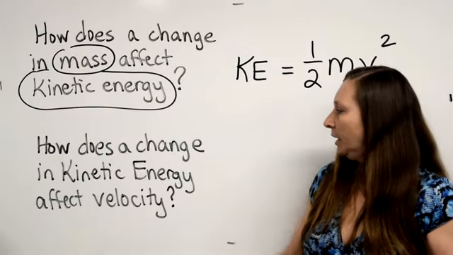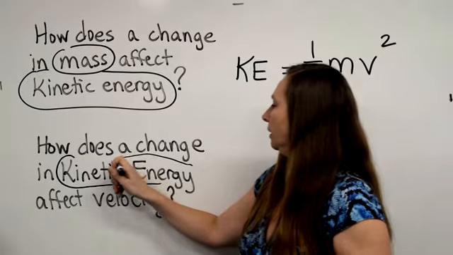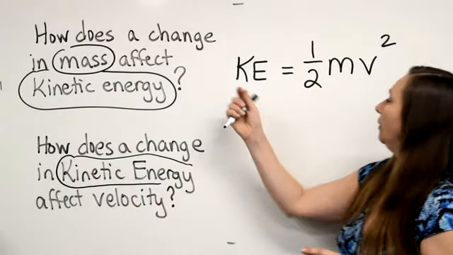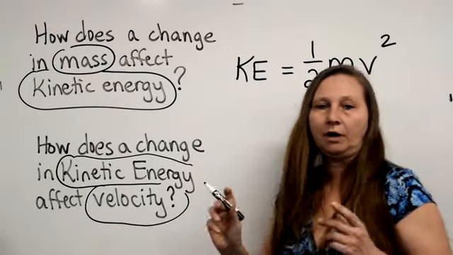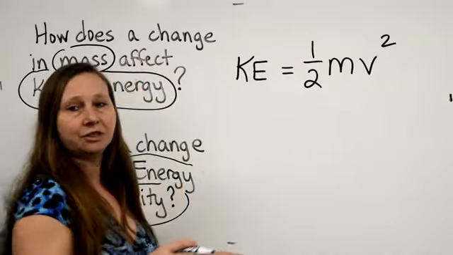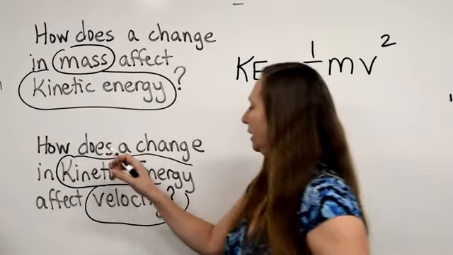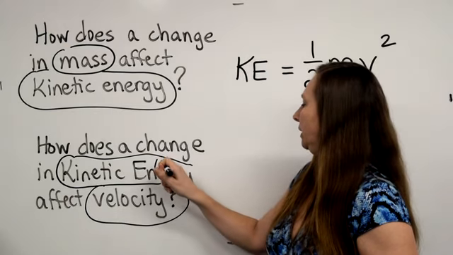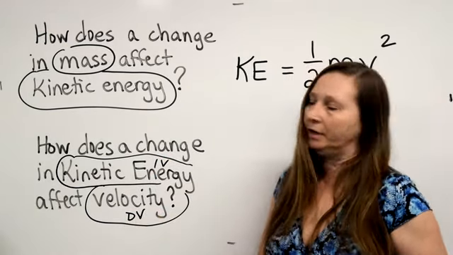Now, if the kinetic energy is your independent variable, then we need to get the kinetic energy on the right side, and we need velocity to be all by itself on the left side. So we're going to rearrange this equation to get velocity by itself on the left side, because I want to know how kinetic energy, being the independent variable, affects velocity as the dependent variable.